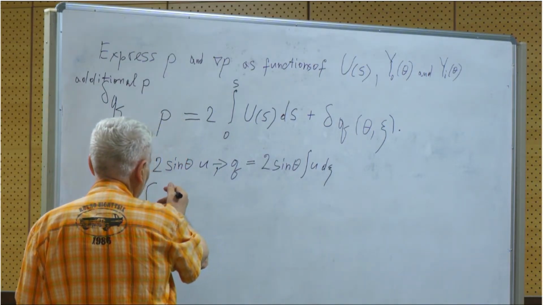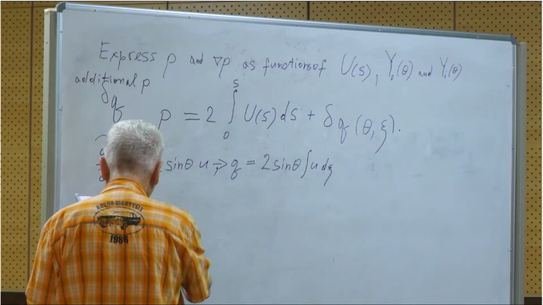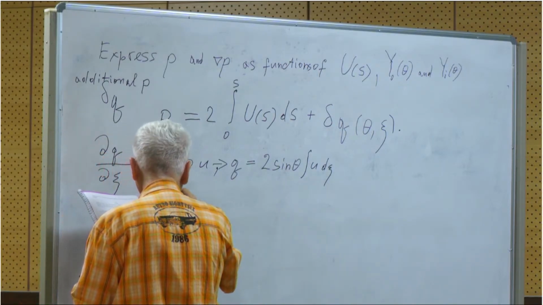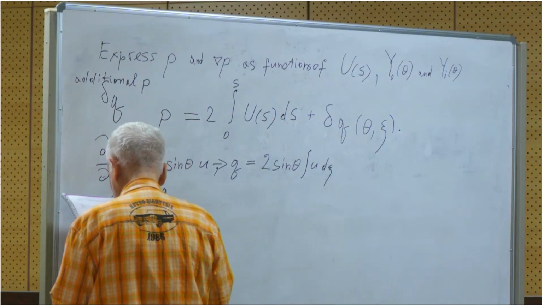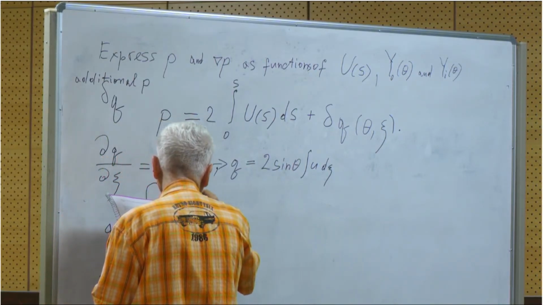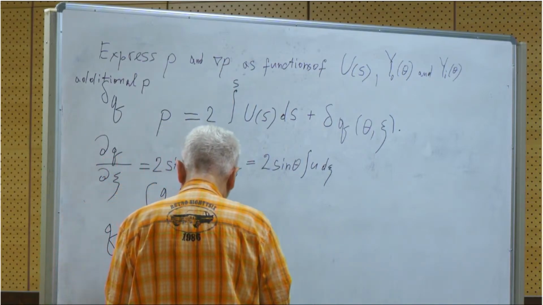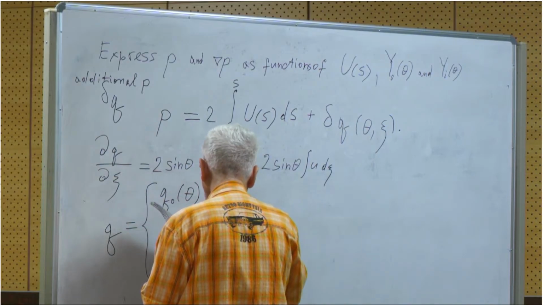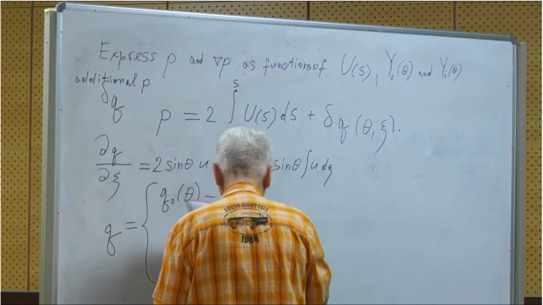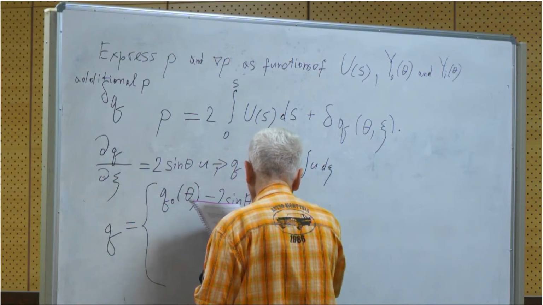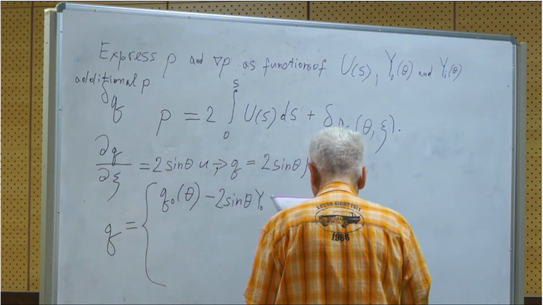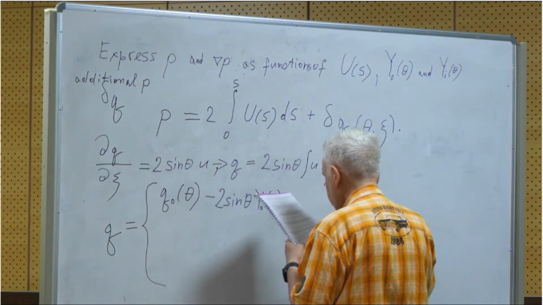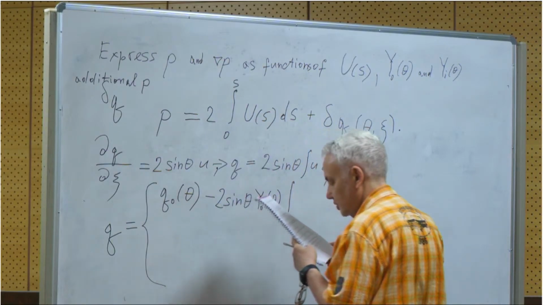On the top we will have the outer boundary representation, on the bottom the inner boundary representation. So we take here Q naught from theta minus 2 sine theta, e grad naught from theta, and also we have this integral.